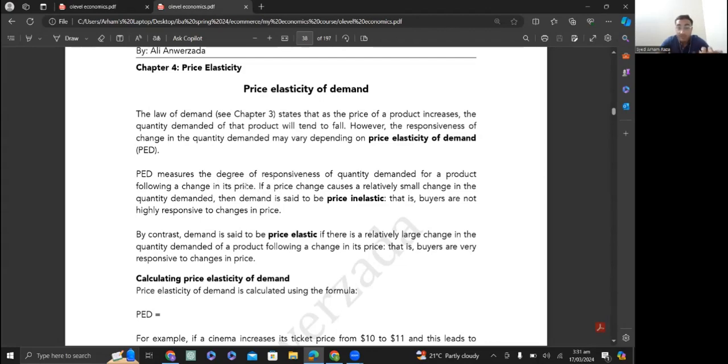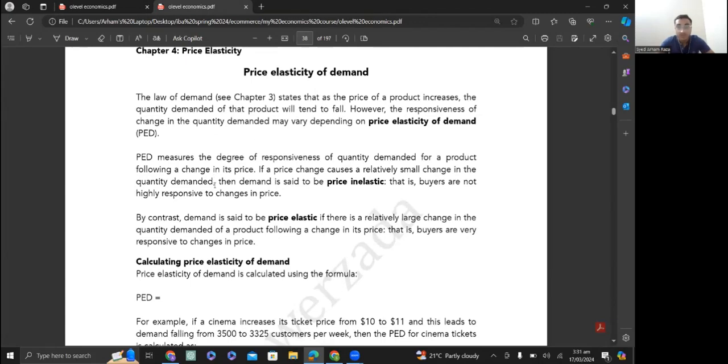So the relationship between the price and the quantity demanded is measured by the PED, or price elasticity of demand. By definition, PED measures the degree of responsiveness of quantity demanded for a product following a change in its price.